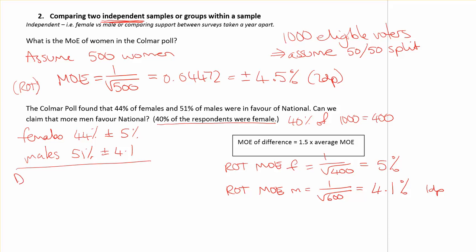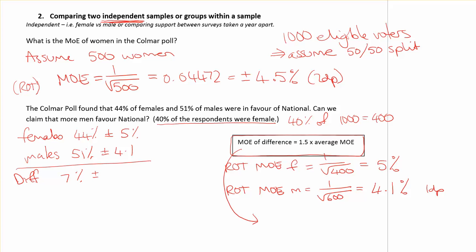Right, now we're looking at the difference. I can see there's a raw difference in there of 7%, plus or minus. Now this time the margins of error are different, and if you grab a highlighter and highlight this box here, it tells you for the margin of error of difference where you have two distinct groups or two different samples, we work it out by doing 1.5 times the average of the two margins of error.